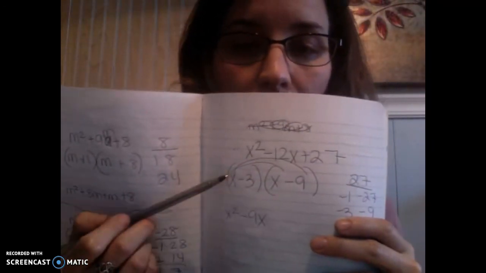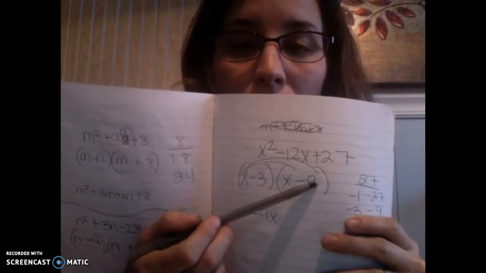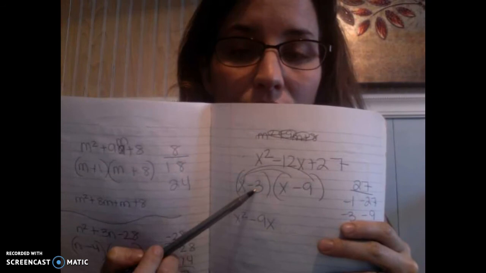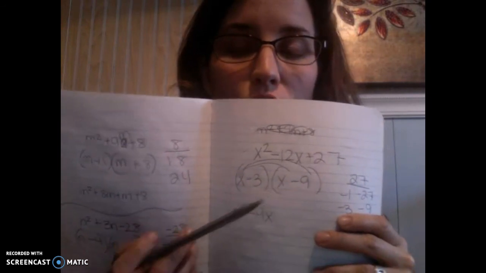So x times x becomes x squared, and then x times negative 9 becomes negative 9x. See how I distributed the first x into both terms. Now I'm going to multiply the negative 3 into both terms. That's why it's called double distributing.